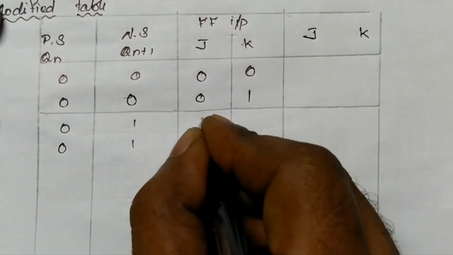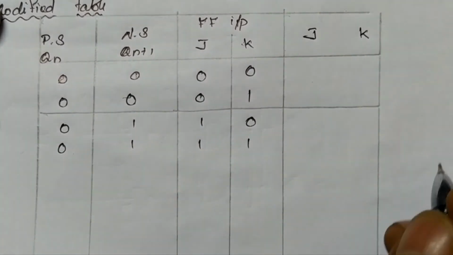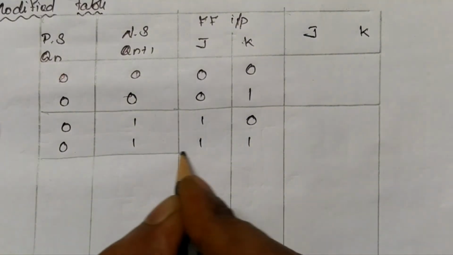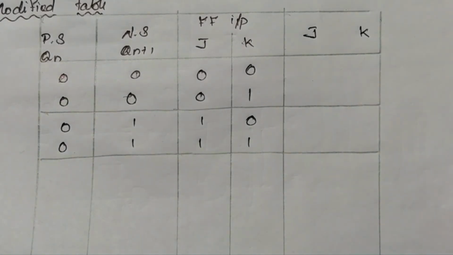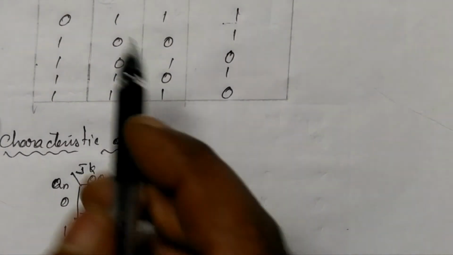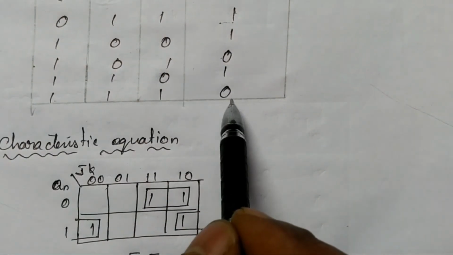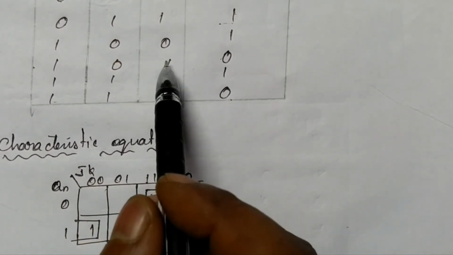Likewise the next condition is 1 0. So here we are having 1 0, here also 1 0, respective J value is 0 1, K value is 1 1.